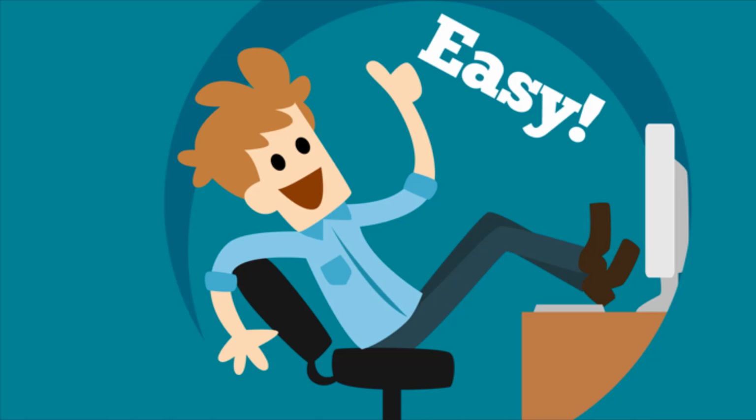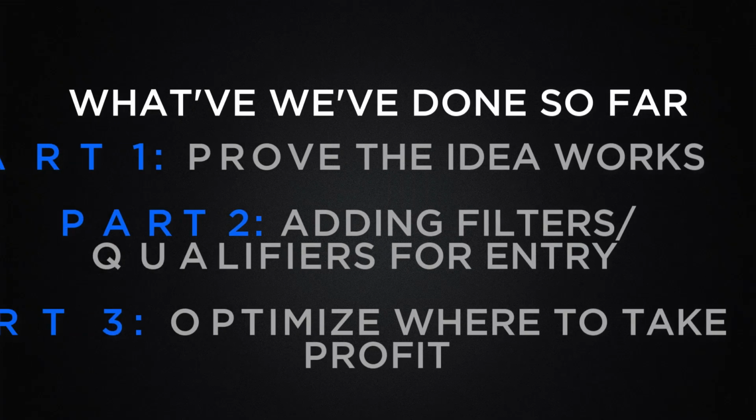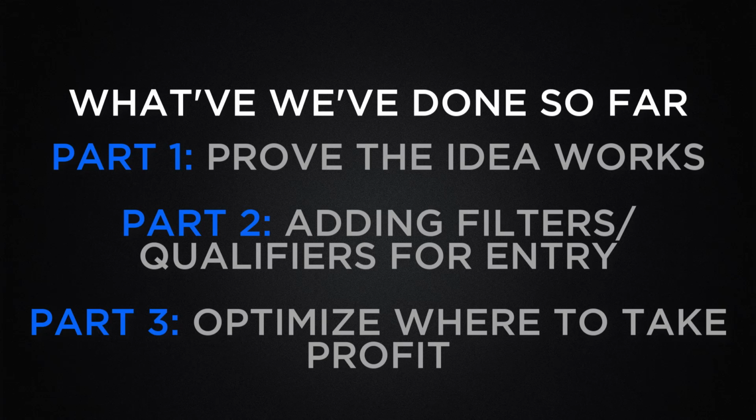So to give you a brief recap, in part 1 we talked about establishing a baseline test. That was simply proving that my hypothesis in the market worked: if this happened, then I would expect this to happen. I did some baseline tests, no filters, no qualifiers, just very bare bones, to see if the general idea worked.